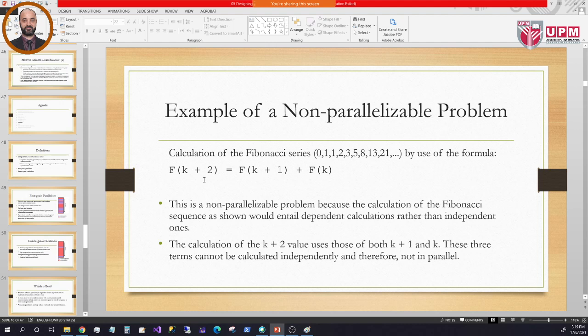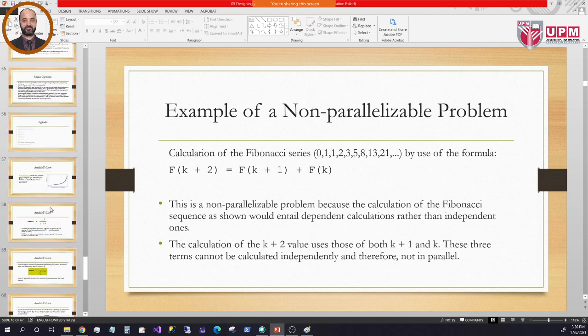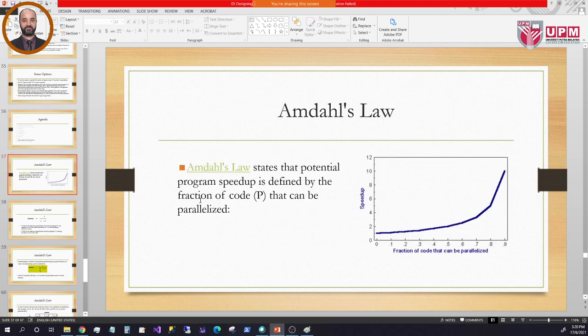Sorry guys. We cannot calculate the second number until we have the first number. We cannot calculate the third number until we have the first and second numbers, and so on. So this is considered a non-parallelizable problem. That's why the speedup is going to be very bad, because P is very low.